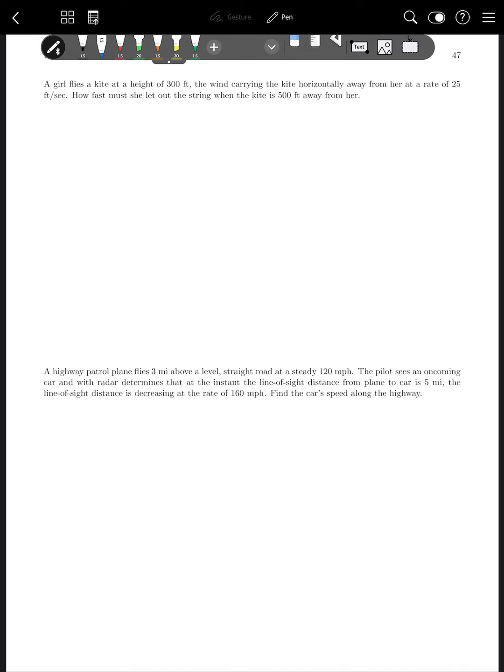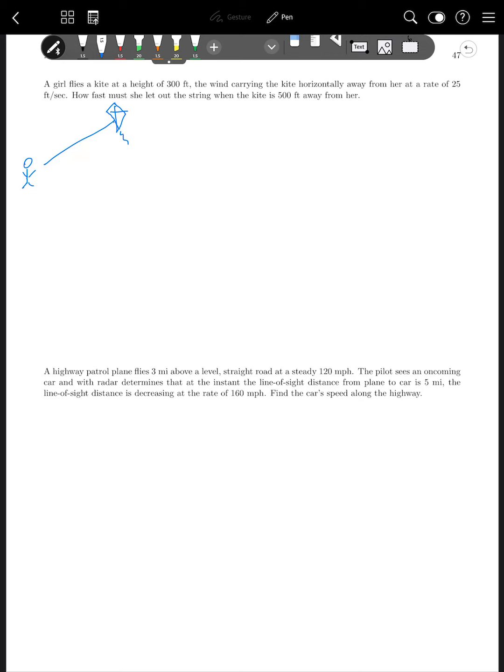Okay, so let's go ahead and go through these together. In this first case we've got a girl over here, and she's flying a kite. That's not a very good kite. That was a little too much of a diamond. Okay, there's my kite, and she's holding it with a string.